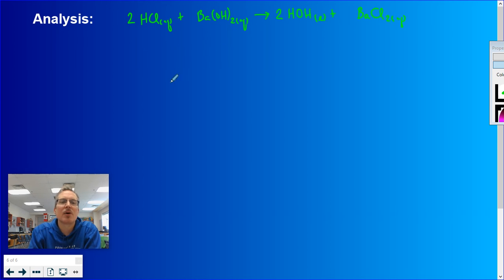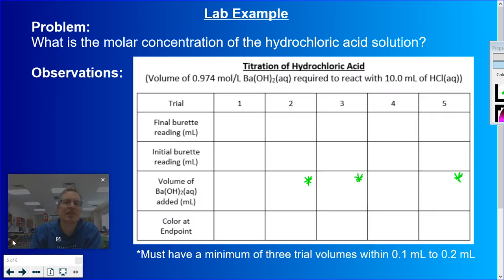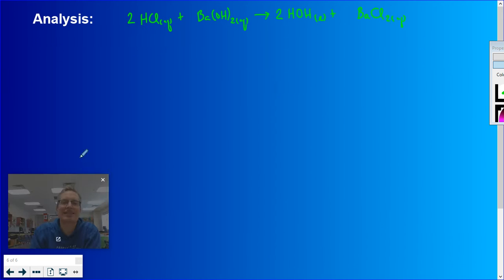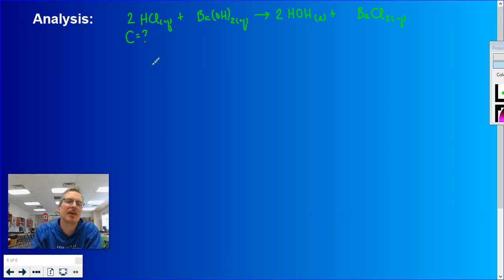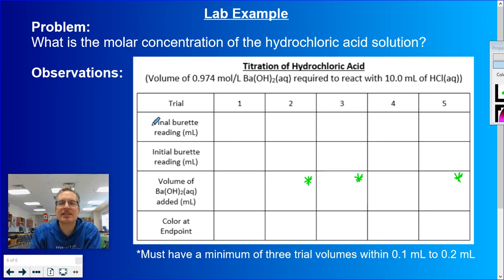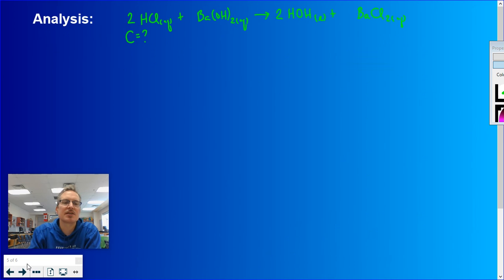Perfect. Now, a reminder that when we look at this question, our job is to find the concentration of the hydrochloric acid solution. In the question, they tell us that we are using 10 mL of HCl. In every trial, we pipetted 10 mL of HCl into our Erlenmeyer flask, so my volume was 10.0 milliliters.